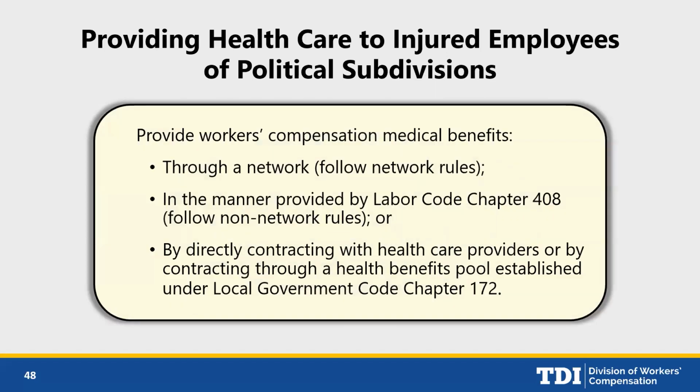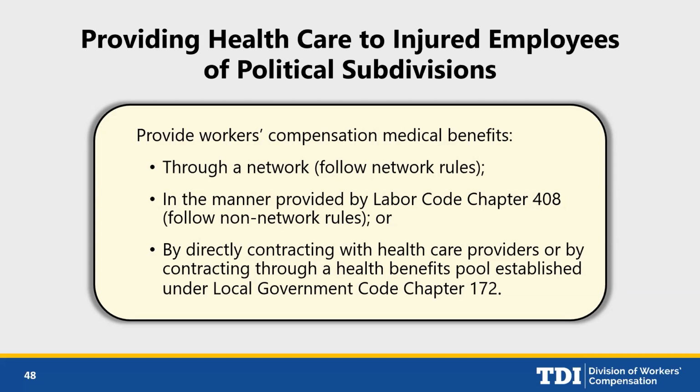Now, the last group that I want to talk about is the political subdivisions or polysubs. These are first responders, city of Dallas, city of wherever. They can operate in one of three ways. They can create a network, just like the certified workers' compensation networks that fall under Insurance Code 1305, which means they have a panel of doctors that the patients need to choose from.